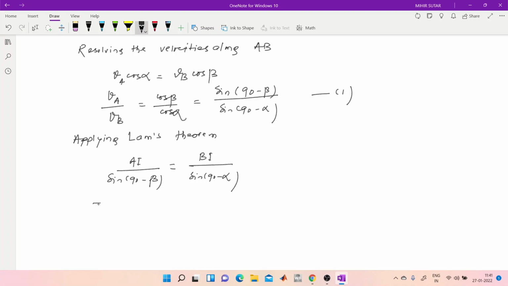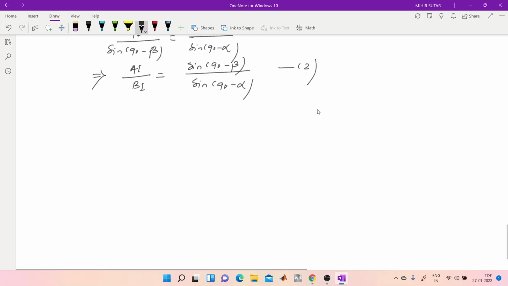So it is AI by BI equal to sin(90 minus beta) divided by sin(90 minus alpha). Let's say this is equation 2.